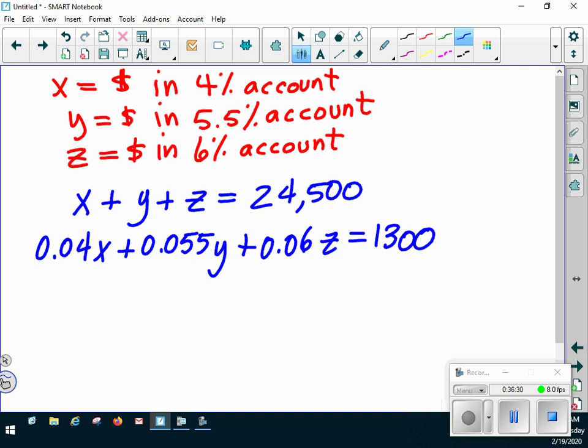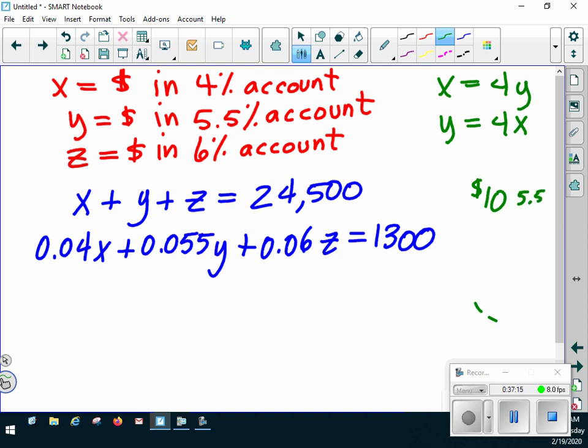Okay, now let's look at the last thing. It says if the amount of money in the 4% account was 4 times the amount of money in the 5.5% account. Is that going to be x equals 4y, or is it going to be y equals 4x? Because I'm going to get them backwards. What if we put $10 in the 5.5% account?